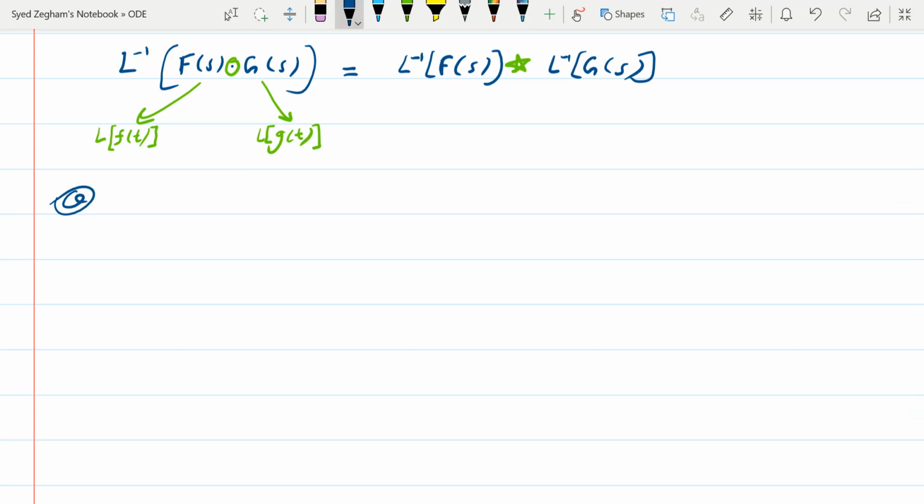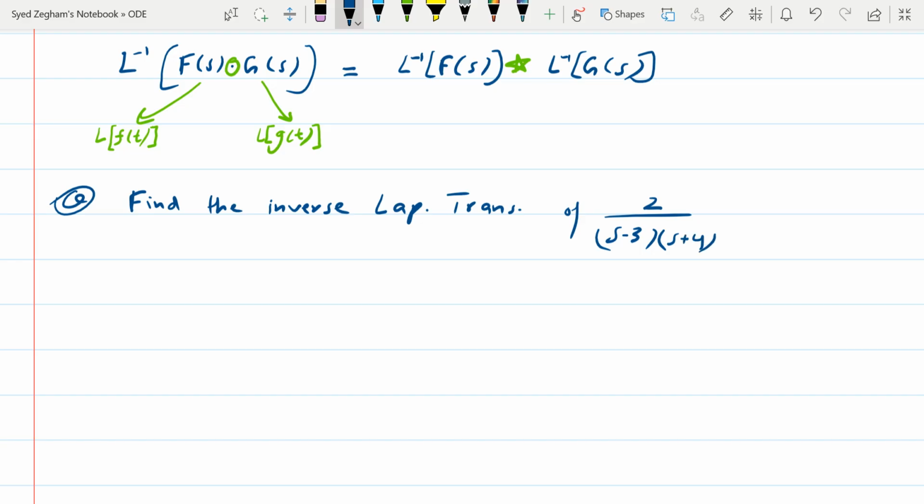The question is, find the inverse Laplace transform of, let us say, 2 over (s minus 3)(s plus 4) using convolution.